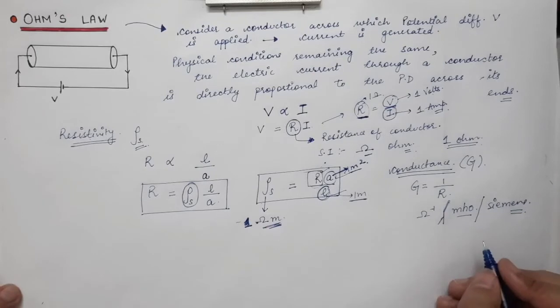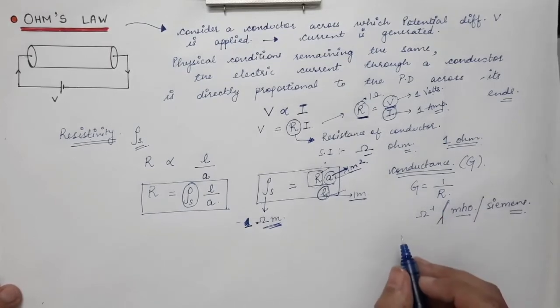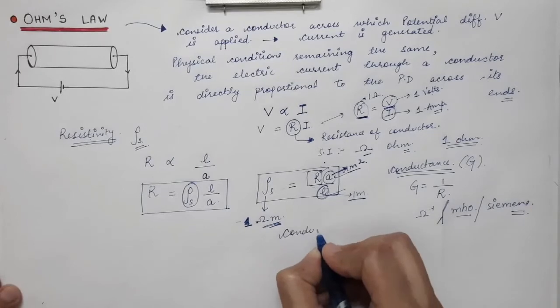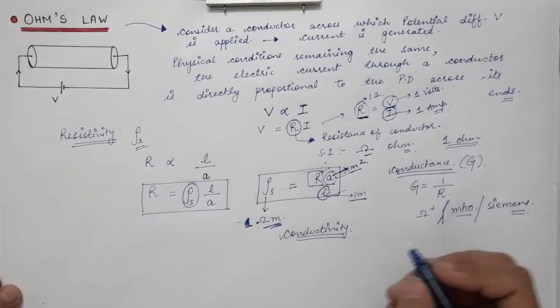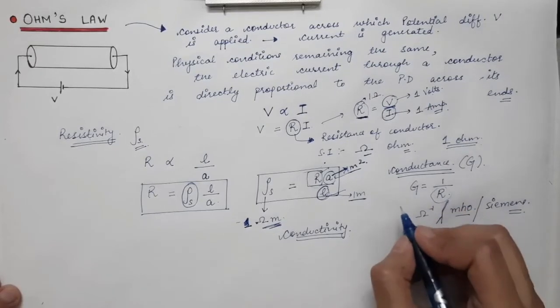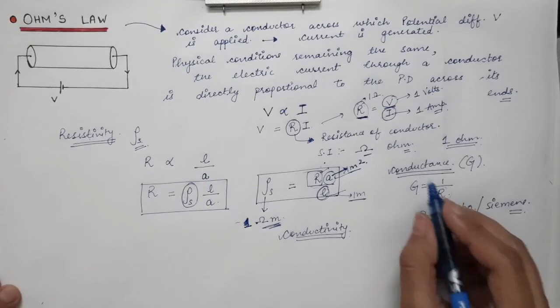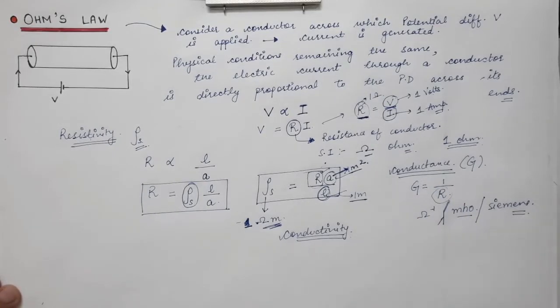So this is the unit of conductance. More is the resistance, less will be the conductance. And if less is the resistance, more will be the conductance of the material, that is, its capacity to conduct will be more in that case.